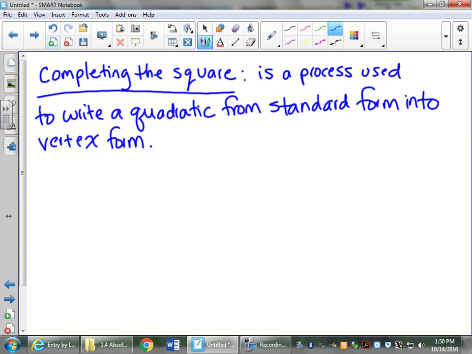Okay, so when we're using this process, we're going to end up writing the trinomial as a perfect square trinomial, which I'm going to abbreviate as a PST, that we can easily factor. This process is going to involve finding a new C value.